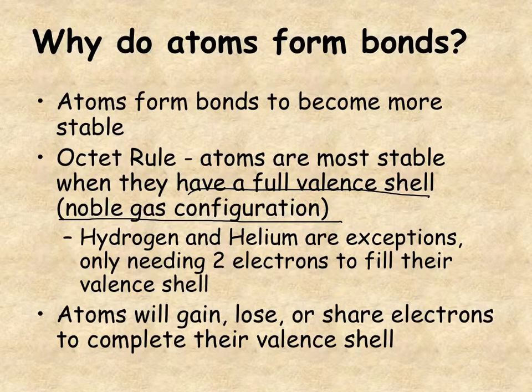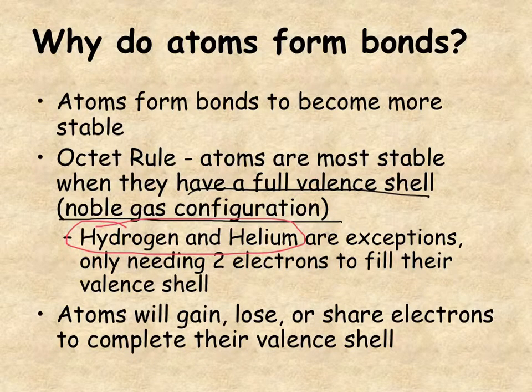And the only 2 elements on the periodic table that do not have this octet rule apply to them are hydrogen and helium. That's because they only have a maximum of 2 valence electrons in their 1s orbital, and therefore they don't necessarily achieve the octet rule, but they do want to have a filled valence shell which includes 2 electrons.